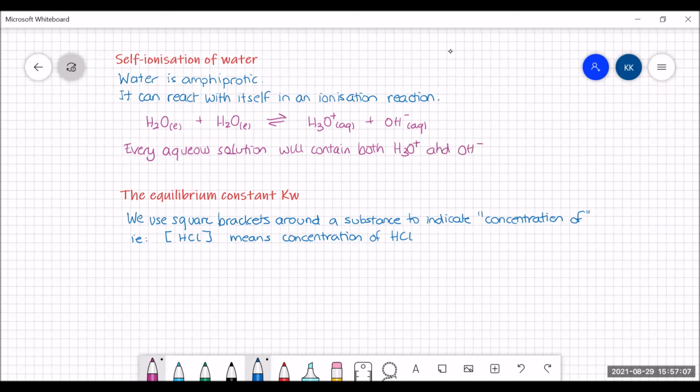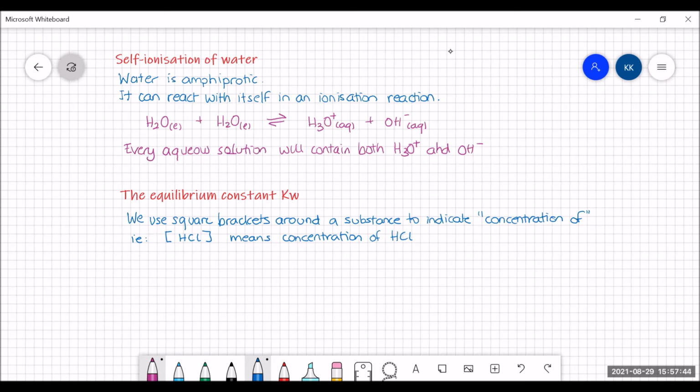So that glass of water, your drink bottle of water that you drank the last time you played sport, actually contained hydronium ions and hydroxide ions. Now, this reaction of water with itself only happens to a very, very small extent, and it has an equilibrium constant. You'll remember we talked about an equilibrium constant being a measure of how far a reaction had gone over toward the products in our previous video when we talked about strong and weak acids.